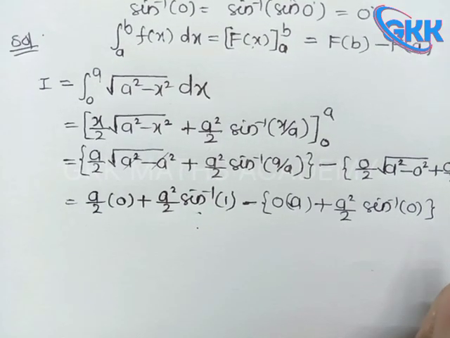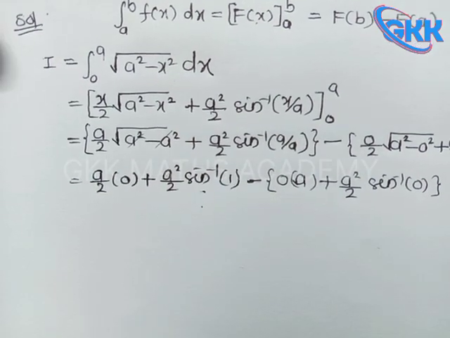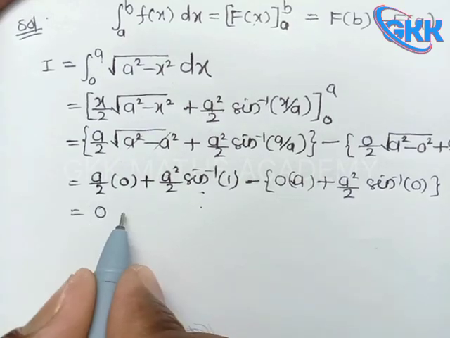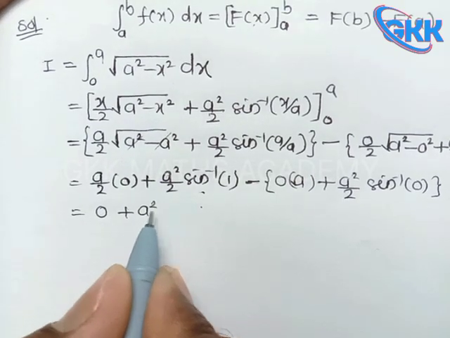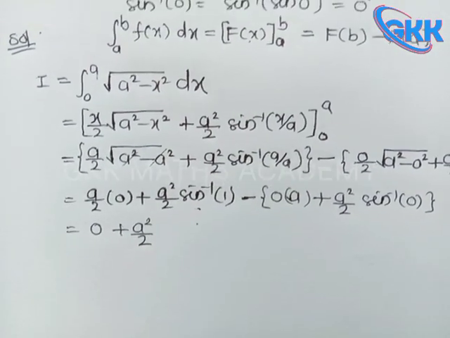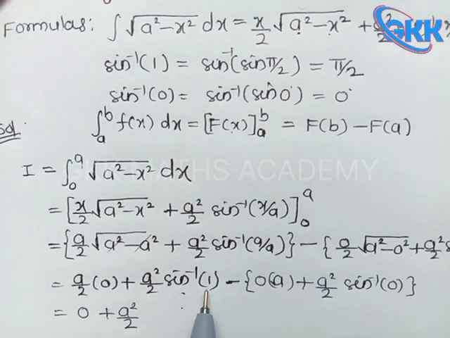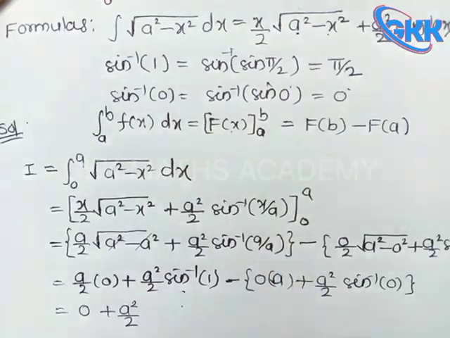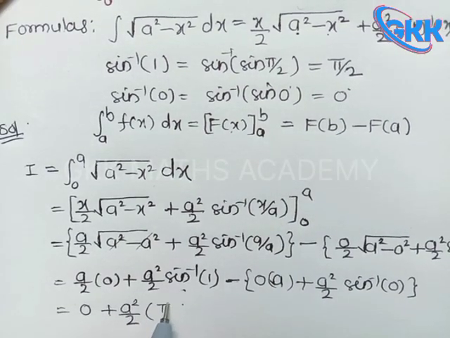If you know it, you can directly write it, but otherwise I am writing step by step. Now 0 into anything is 0, plus a square upon 2, and as we already discussed, sine inverse 1 can be written as sine inverse of sine pi by 2. What is the answer? Pi by 2.